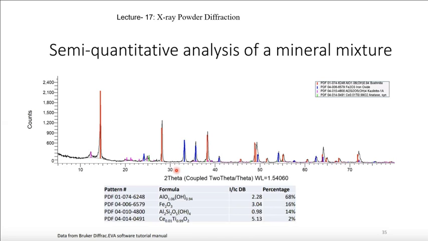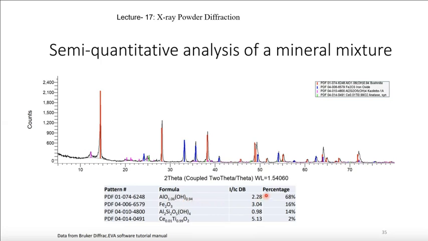Well, then here is a semi-quantitative analysis of a mineral mixture. We take the mineral mixture and analyze it, and we can see that this is the PDF file of the International Centre for Diffraction Data. This red one is bromehite, and this is its chemical composition.